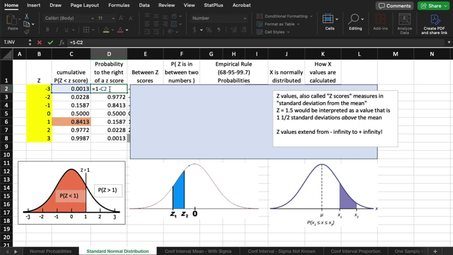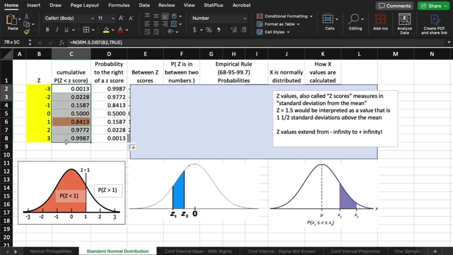Hit enter, and then you can click on that anchor in the lower corner and fill those numbers down. You should notice that these values in column D are the exact reverse of the values in column C, because we're not looking at it from the left anymore, we're looking at it from the right.